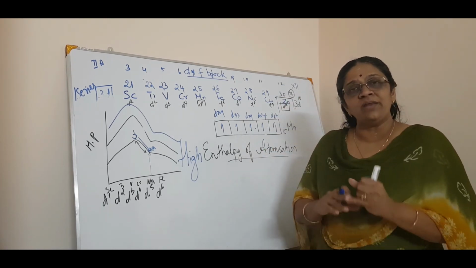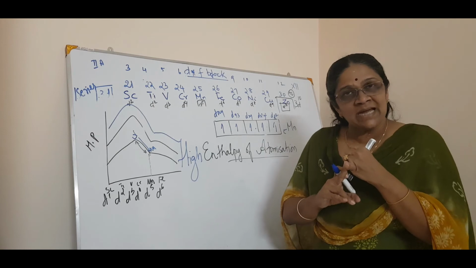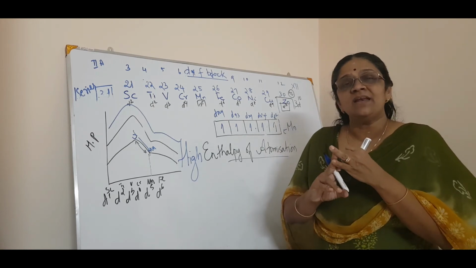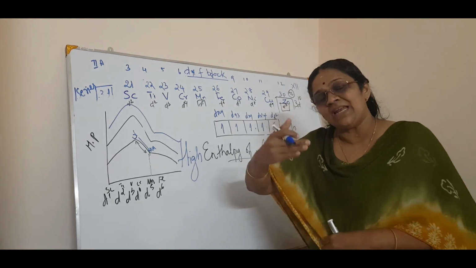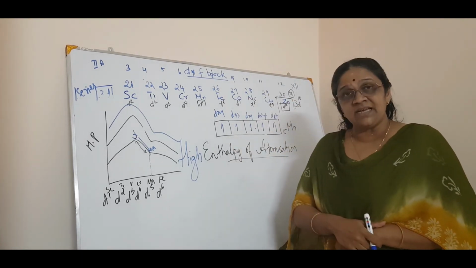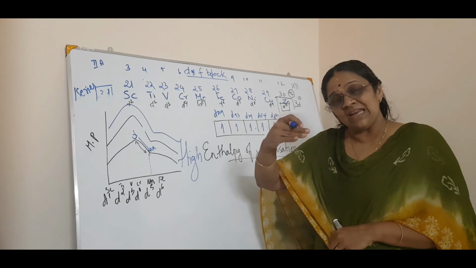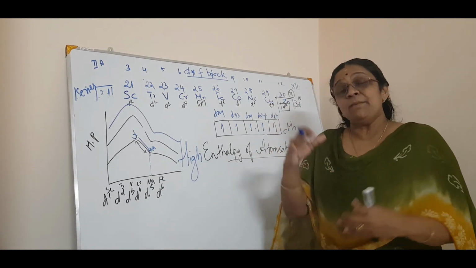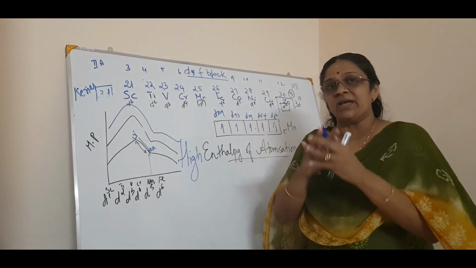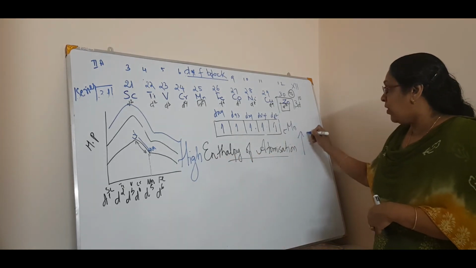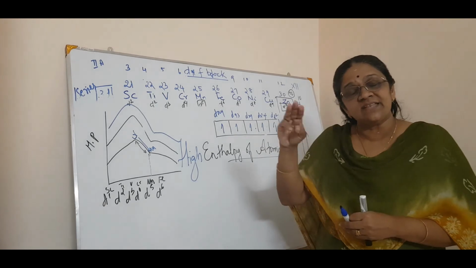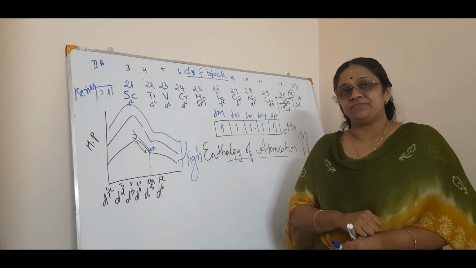One is high metallic bonding, and second is the number of valence electrons. The funda is: as the number of valence electrons increases, the metallic bonding also increases, thereby the enthalpy of atomization also increases. The three are interconnected.